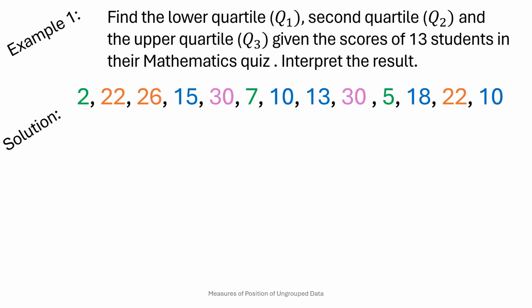Number 1. Find the lower quartile, Q1, the second quartile, Q2, and the upper quartile, Q3, given the scores of 13 students in their mathematics quiz. Then interpret the result.